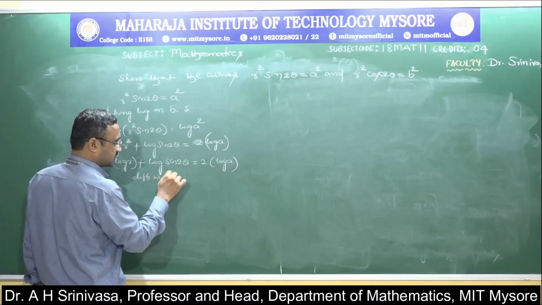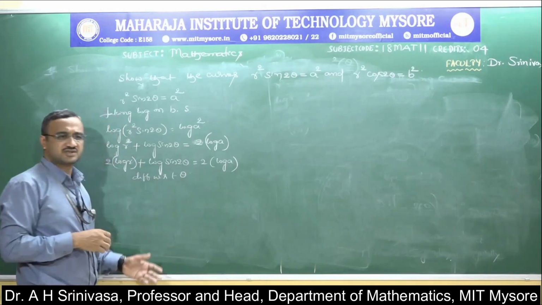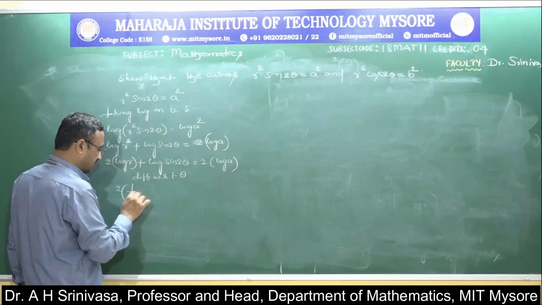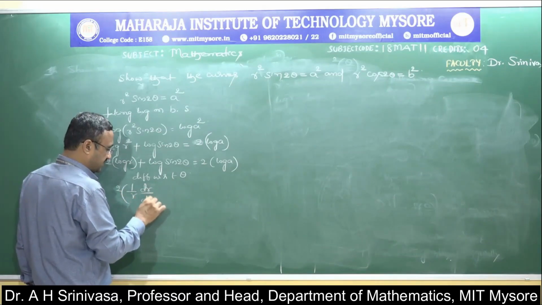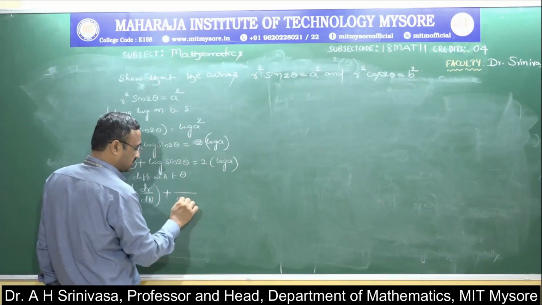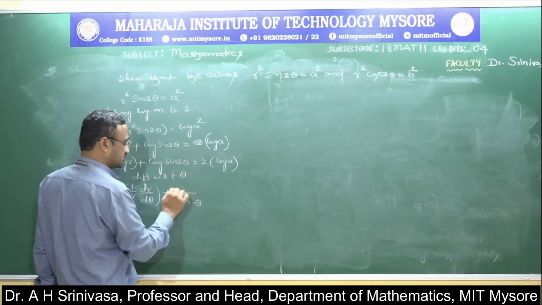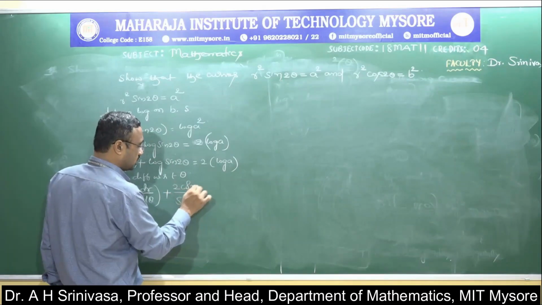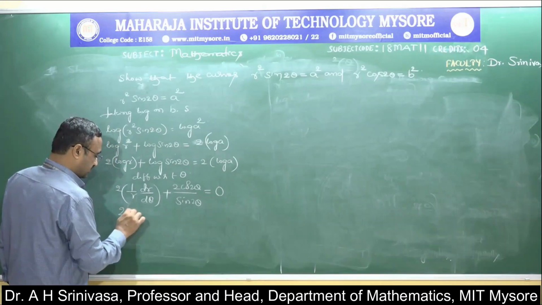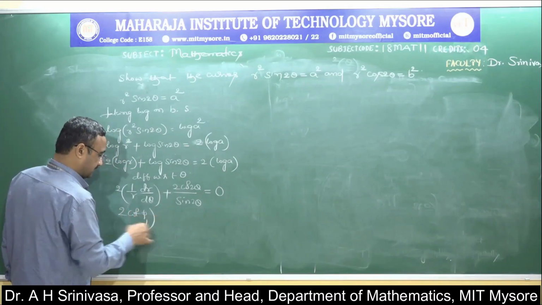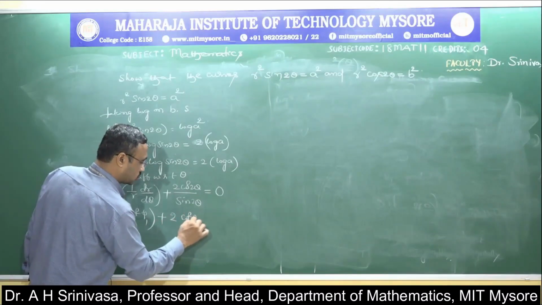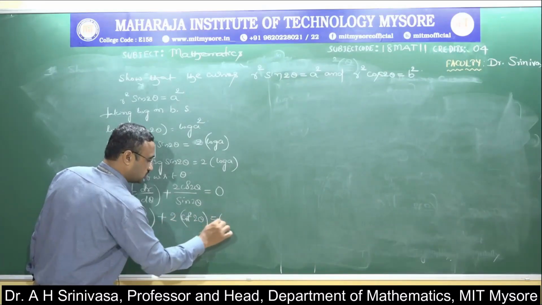Differentiate with respect to theta. We get 2 times 1 by r dr by d theta, plus the logarithm function sin 2 theta written as it is, and the differentiation of this one is 2 times cos 2 theta, equal to 0. Then 2 times cot phi 1 plus 2 times cot 2 theta equal to 0.